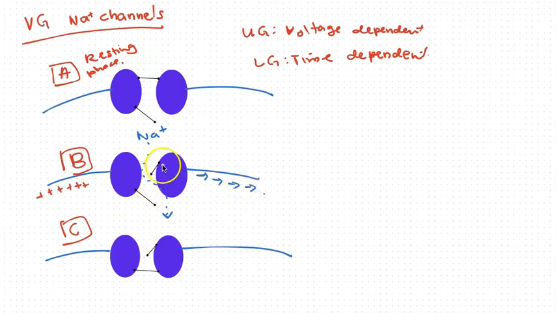Shortly after the opening of the upper gate, the time-dependent lower gate automatically closes. It closes, preventing further sodium ions from entering the cell and halting the propagation of action potential.